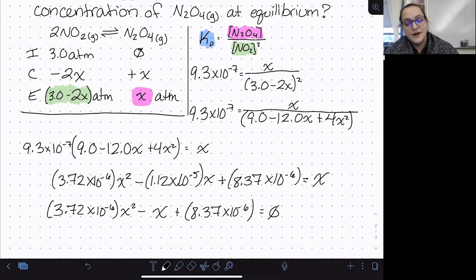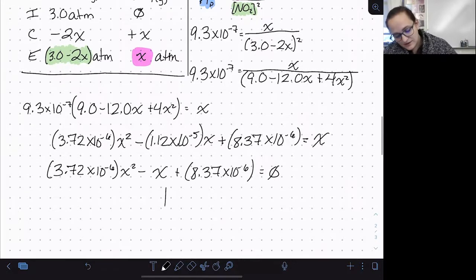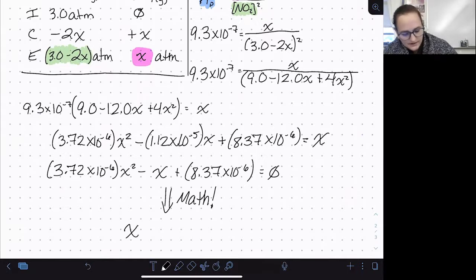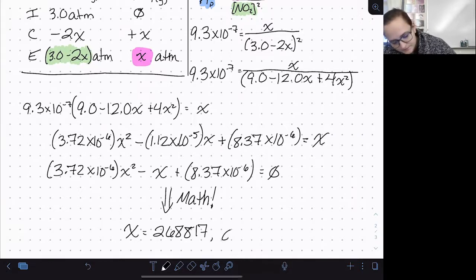Now we can solve for x however you like to solve quadratic equations. Math happens here. And we should find that x is either 268,817 or 8.37 times 10 to the minus 6th.